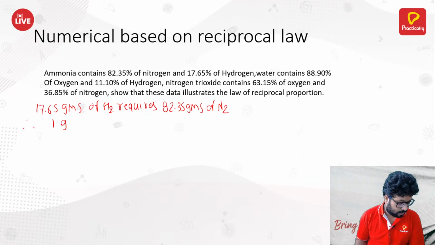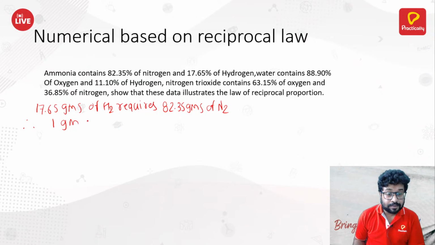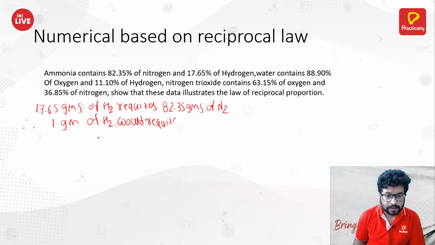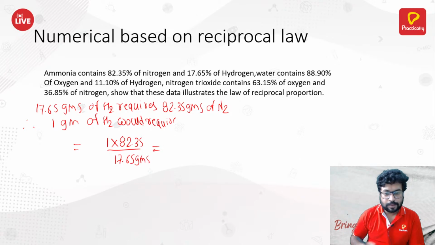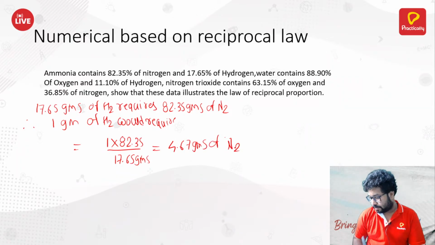Therefore, 1 gram of hydrogen would require 1 into 82.35 grams divided by 17.65 grams. If you solve this, you would get 4.67 grams of nitrogen.